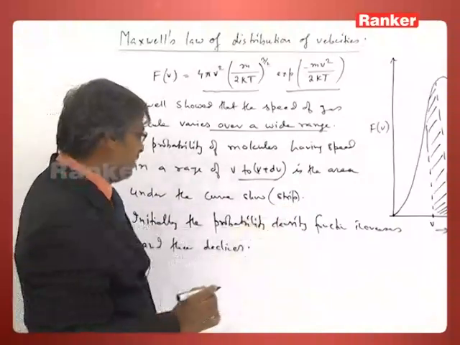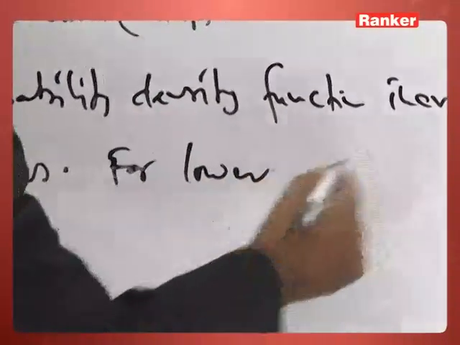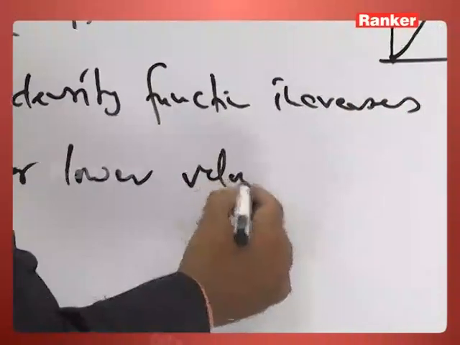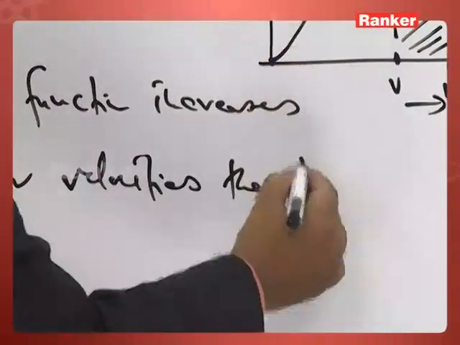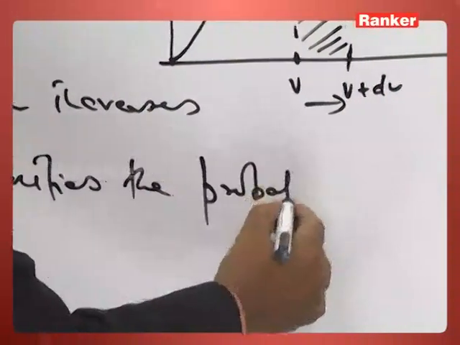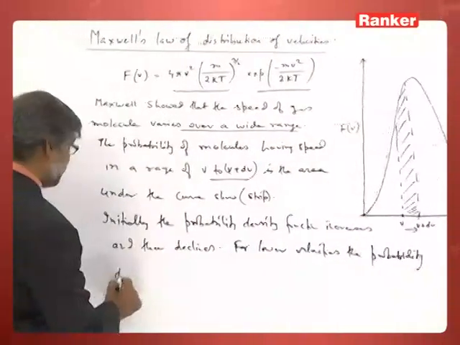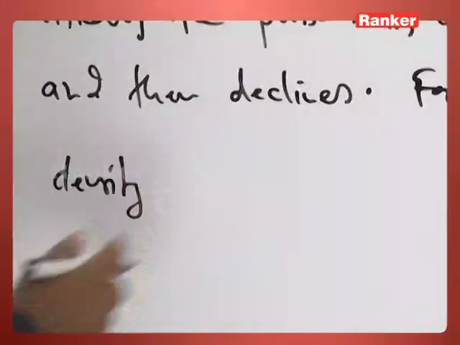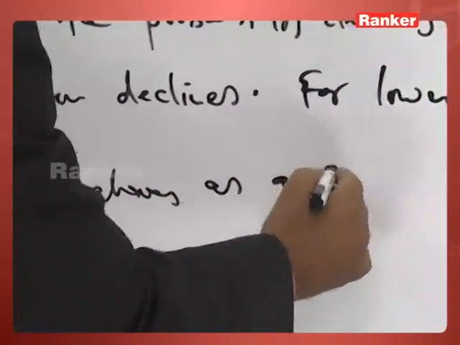So initially for lower velocities, the probability density behaves as a quadratic function.